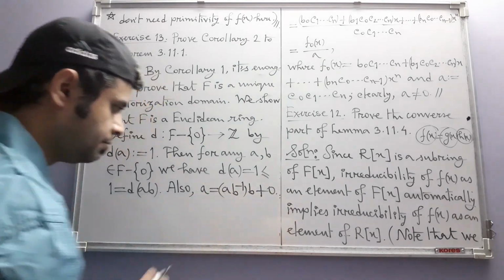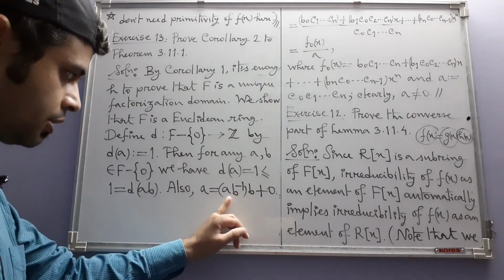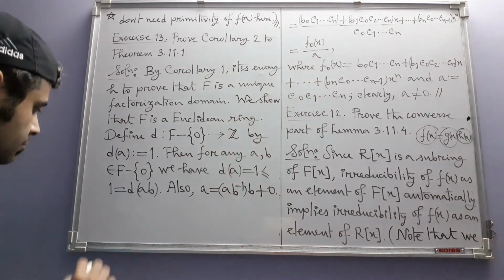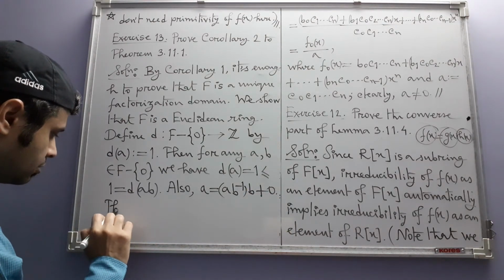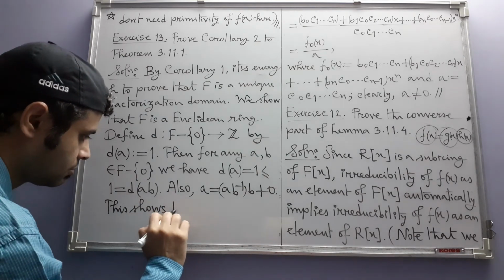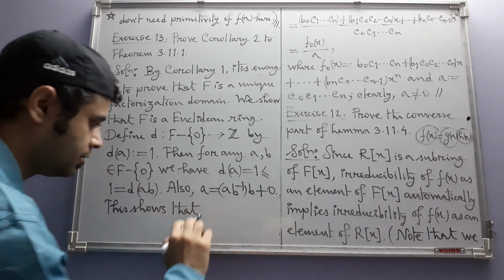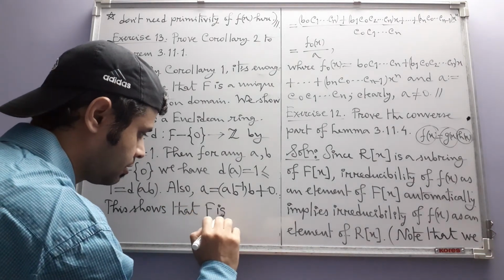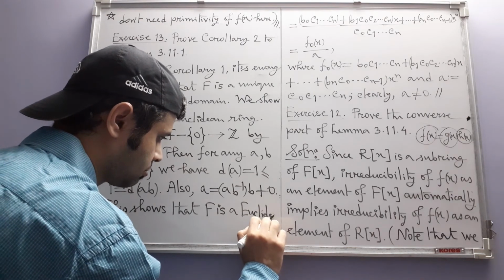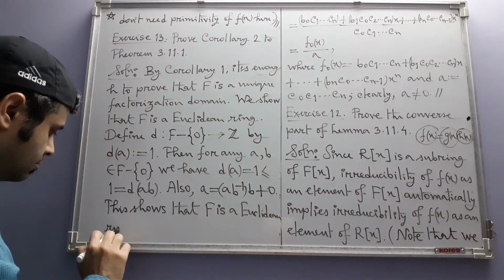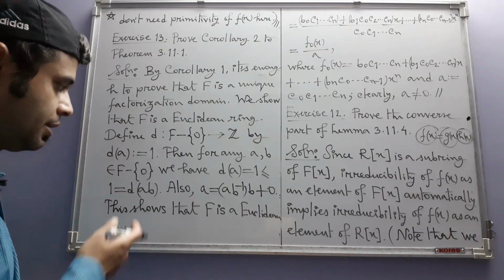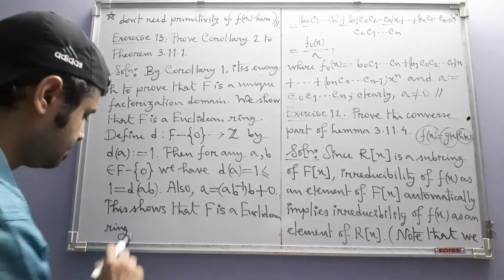So here our quotient is ab inverse and remainder is 0. This shows that F is a Euclidean ring. That means every field is a Euclidean ring in a somewhat trivial manner.